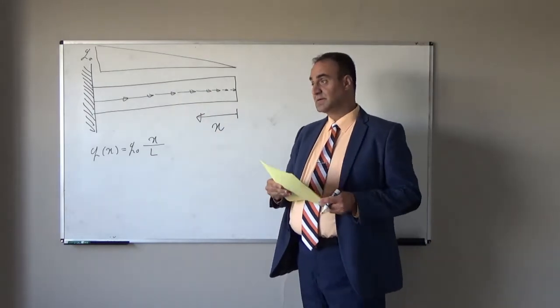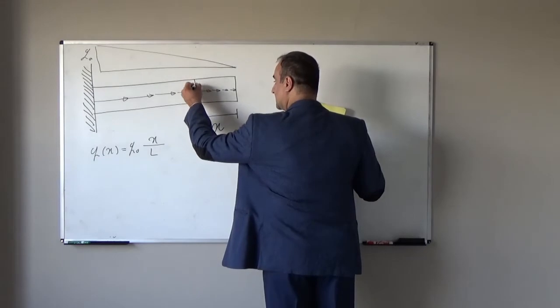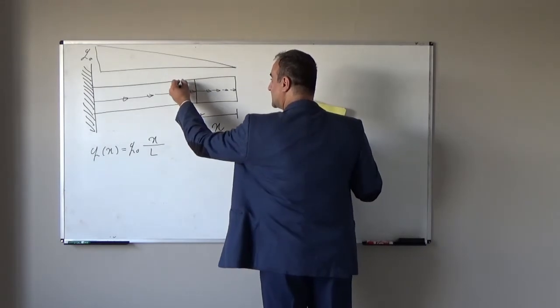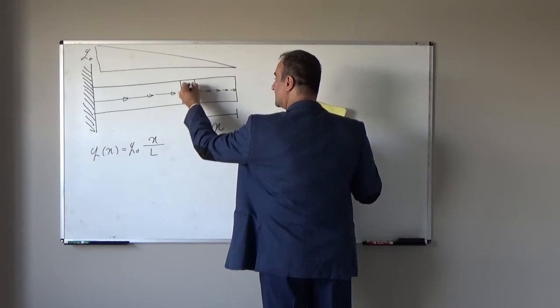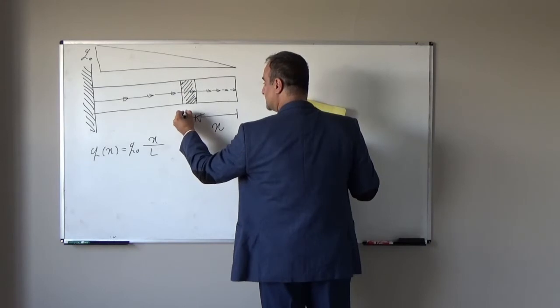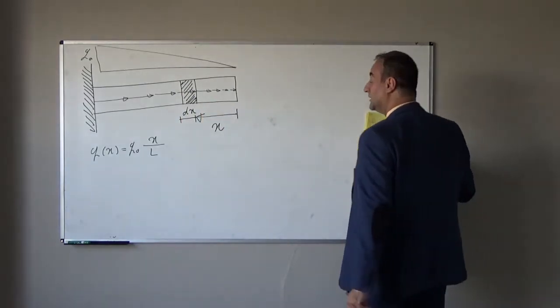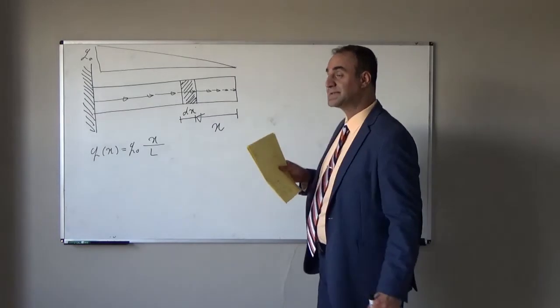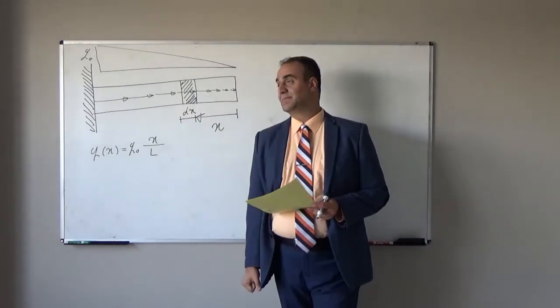This is the problem. In order to find that, I will cut at x distance and I will assume one small element. This small element length is differential length dx. What is axial force effective on this element?